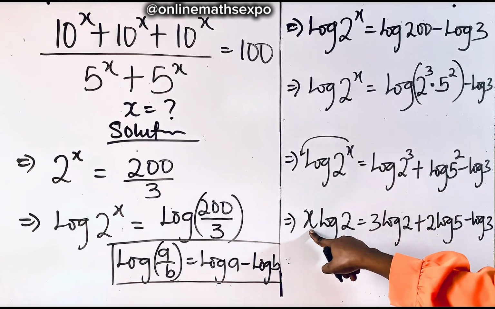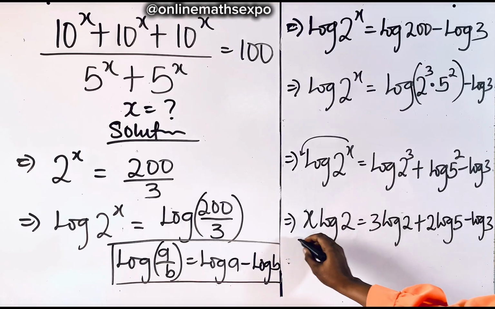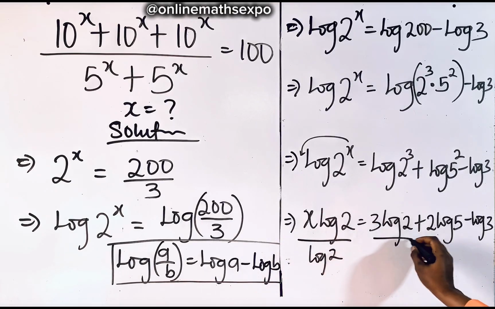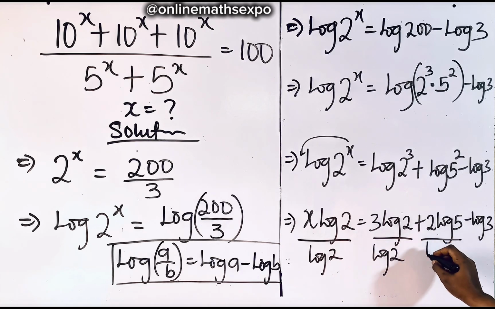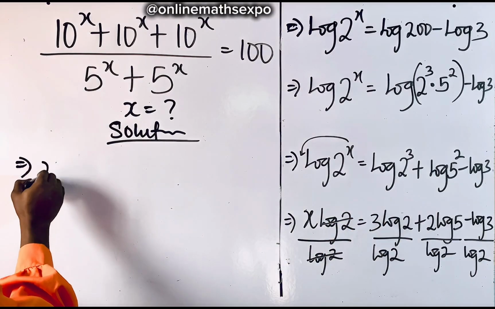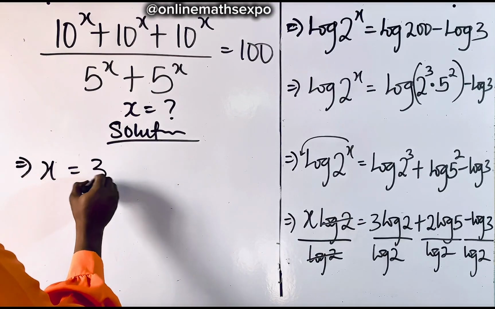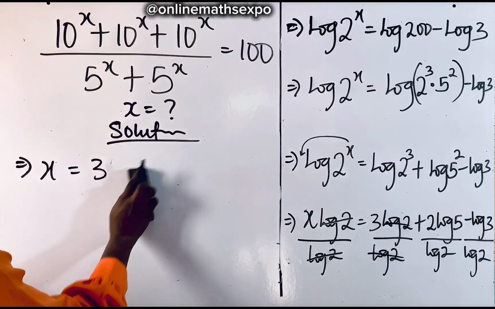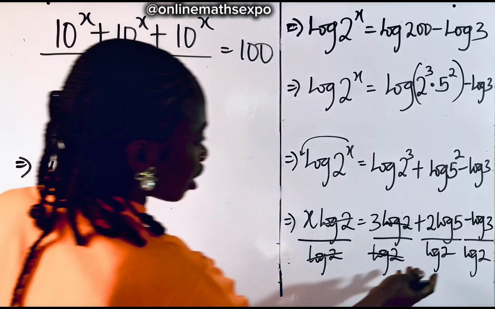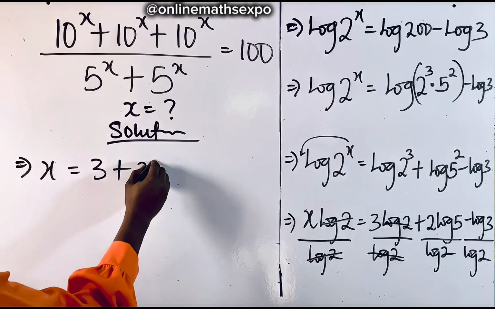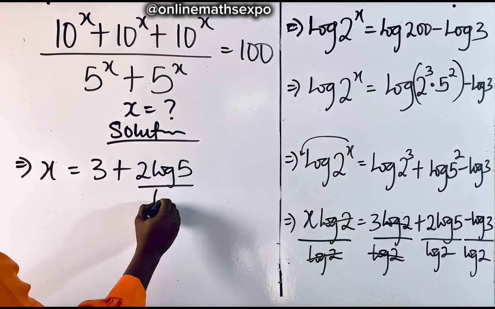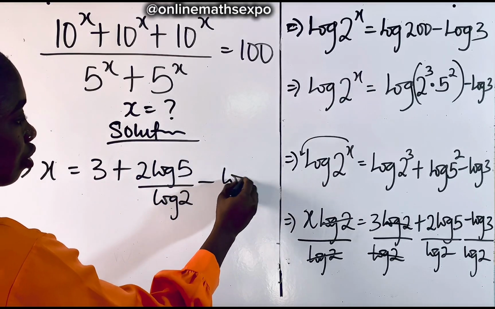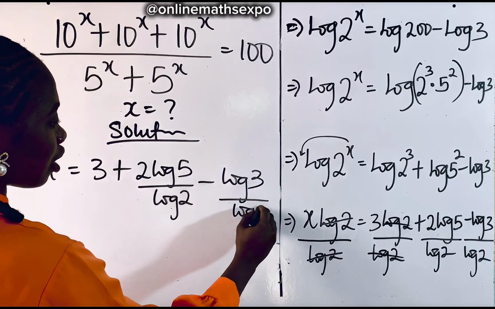Because you want to find x, you are going to remove log 2, so use log 2 to divide each part of the equation. We have x is equal to 3 log 2 over log 2, and log 2 cancels log 2, so we are left with 3 plus, for this we cannot cancel, so let's return it: 2 log 5 divided by log 2 minus log 3 divided by log 2.